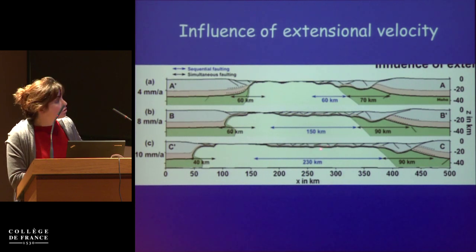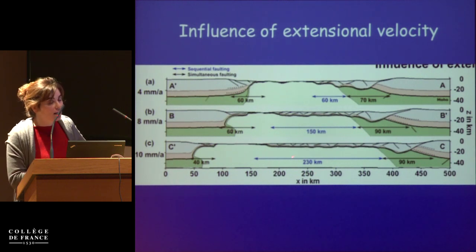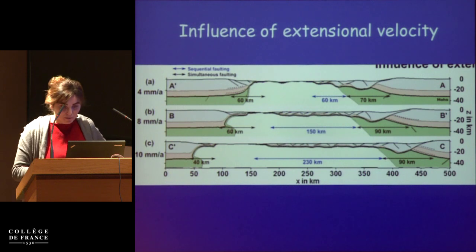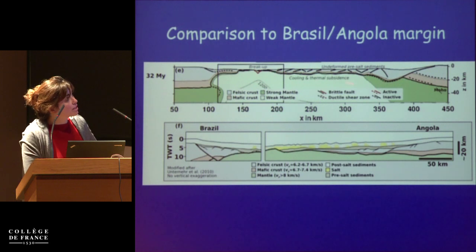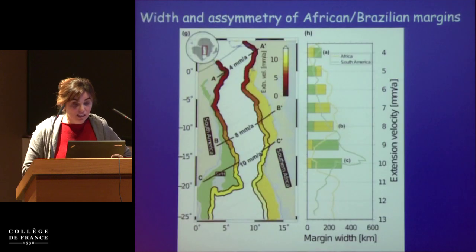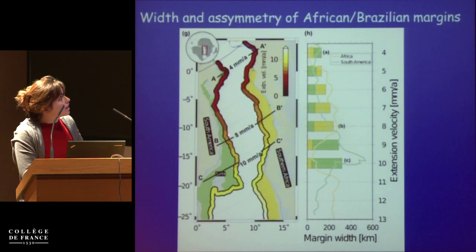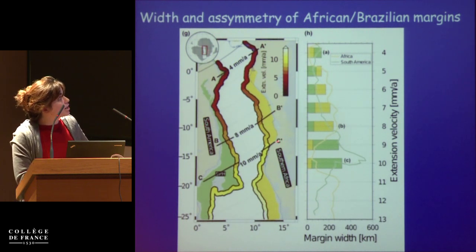And this is because conductive cooling is much less effective, and thus it creates a much longer and wider margin. These geometries reproduce very well what we see in the Brazil-Angola margin, and in general, it can also reproduce the width of the margins at the South American and African margins.